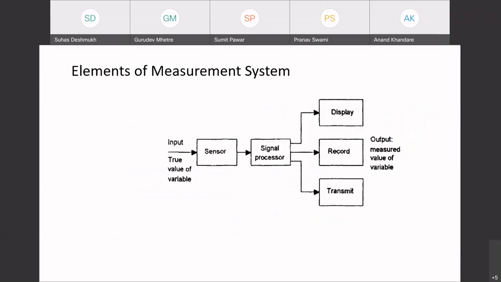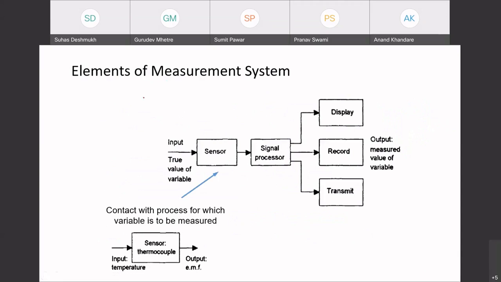When I look at the measuring system altogether, in this measuring system you can look at the input as pressure, or degree of hotness or coldness. That is converted into an output like an EMF, a change in the electromotive force, or simply represented as a change in the voltage.